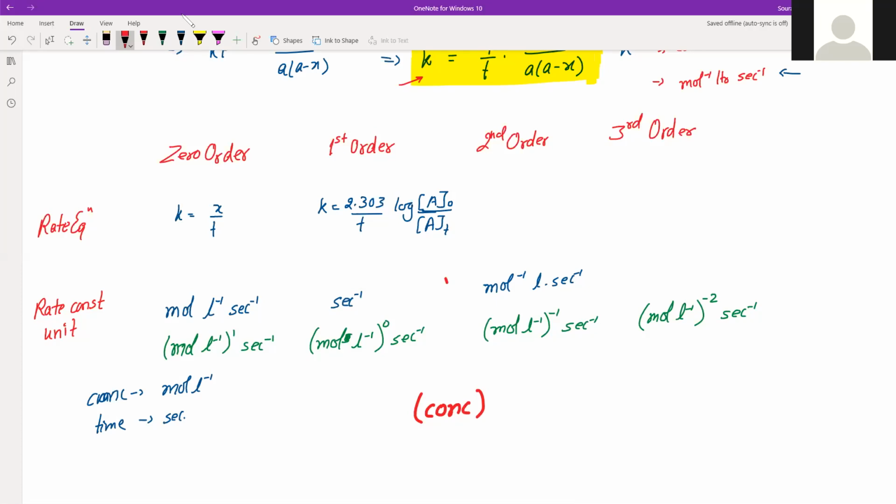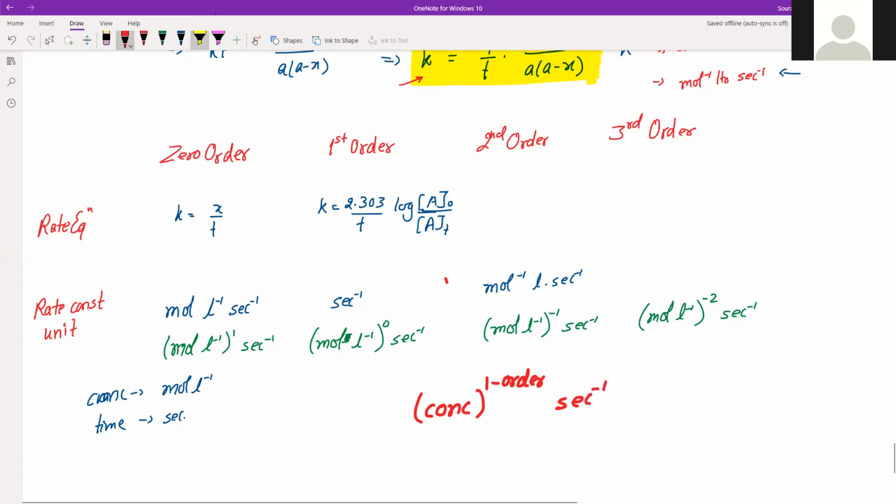So it is actually 1 minus order. And per second.